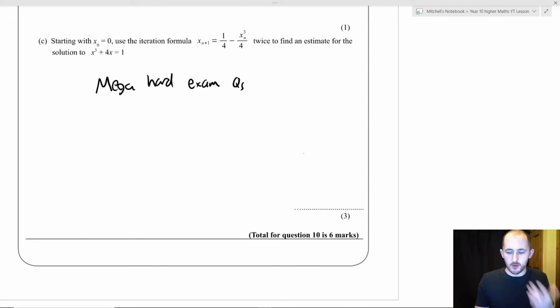So OCR, CIE, it's all completely the same. It's different for A levels, but for GCSE, all of the content is the same across all exam boards, and there's no difference to the breakdown. So realistically, any random exam paper is going to be useful.